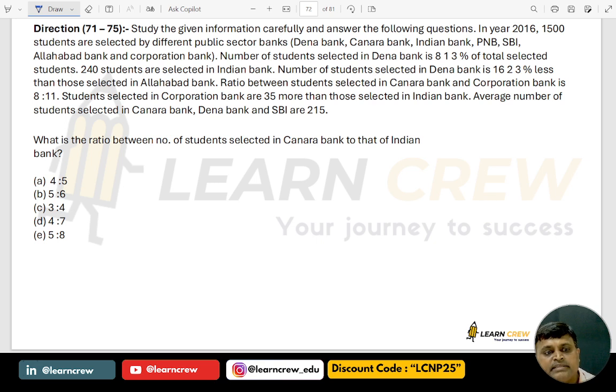Number of students selected in Dena Bank is 25 by 300 of the total number of selected students. So it is 125. And 240 students are selected for Indian Bank. Number of students selected in Dena Bank is 16 2 by 3 percentage less than those selected in Allahabad Bank.